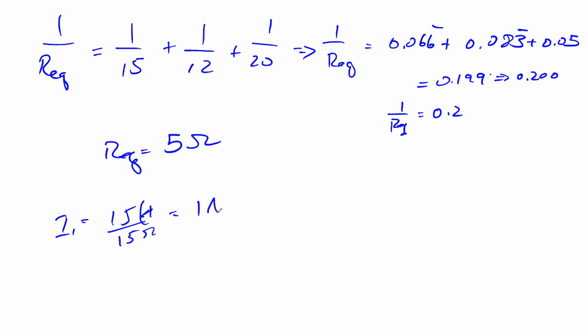That's going to be 1 amp. I2, the current, is going to be 15 divided by 12. That's going to be 1.25 amps, excuse me. And I3 is equal to 15 divided by 20. That's going to be 0.75 amps.